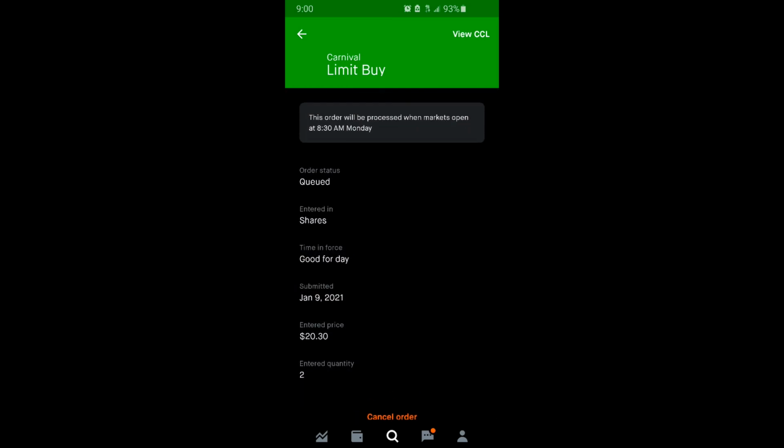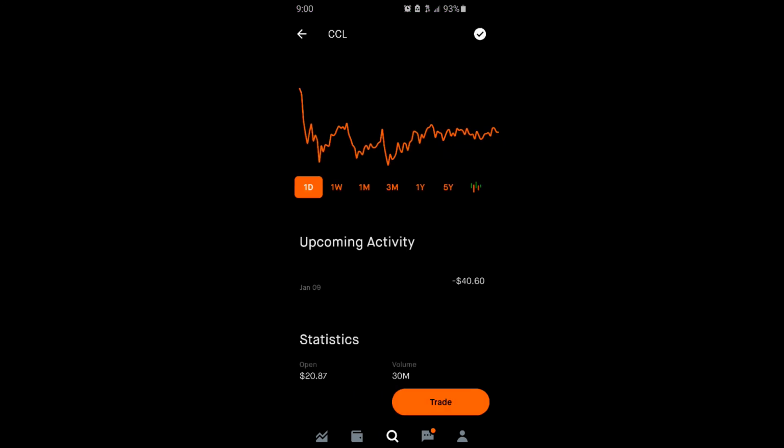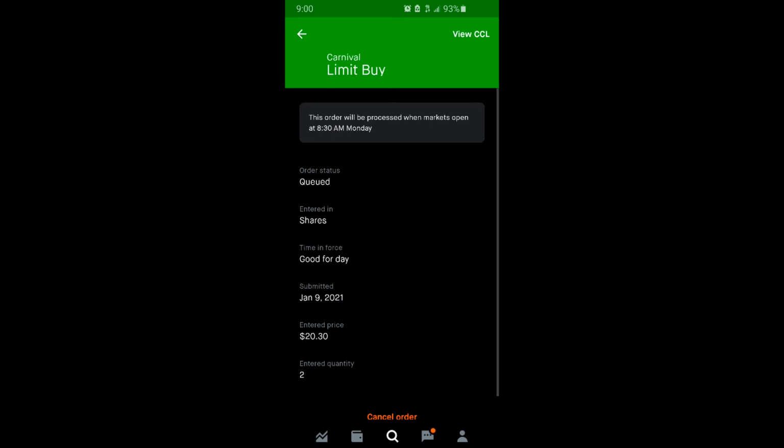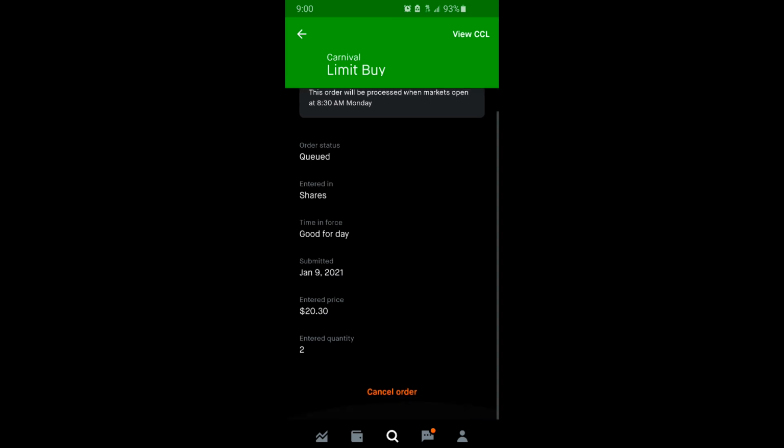But let's say, for example, it's $20.42 right now. And let's say I'm watching it after I put this order, and I see it's all the way down to $20.32, and I'm like, it looks like it's gonna keep on dropping more than just 20.30. Let me try and cancel this order and redo it for a lower limit order.